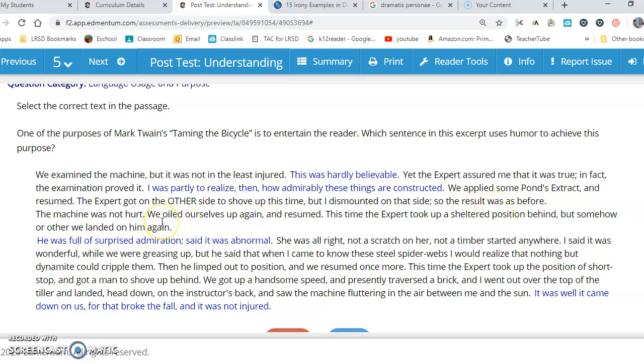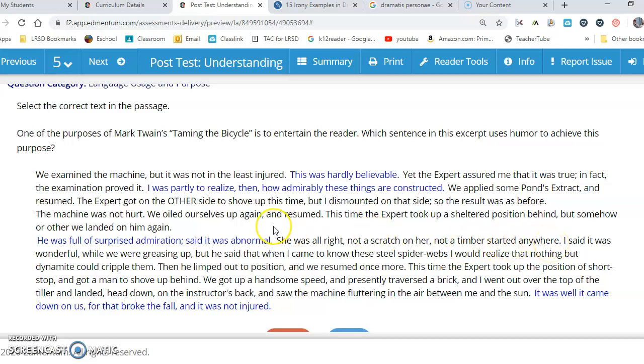The machine was not hurt. We oiled ourselves up again and resumed. This time the expert took up a sheltered position behind, but somehow or other we landed on him again. He was full of surprised admiration, said it was abnormal. She was all right, not a scratch on her, not a timber started anywhere.